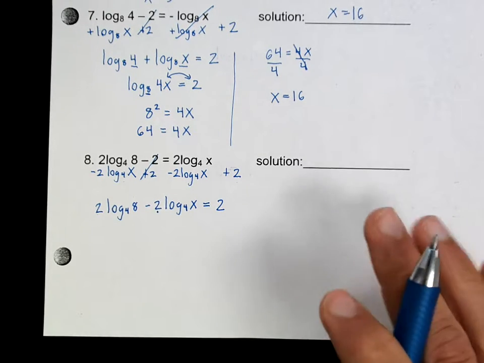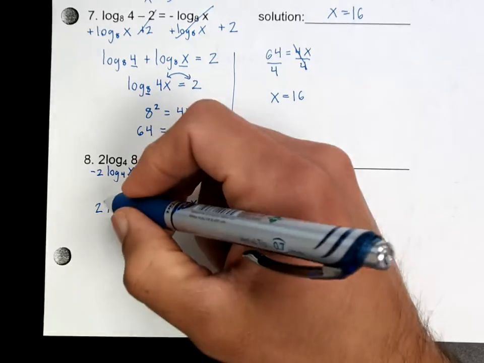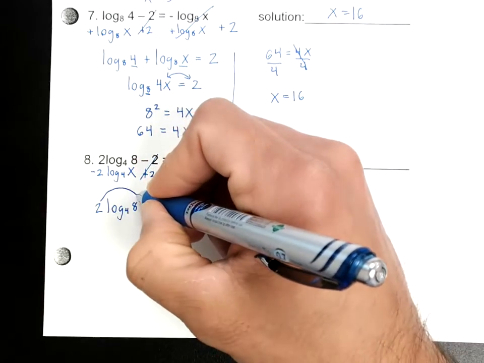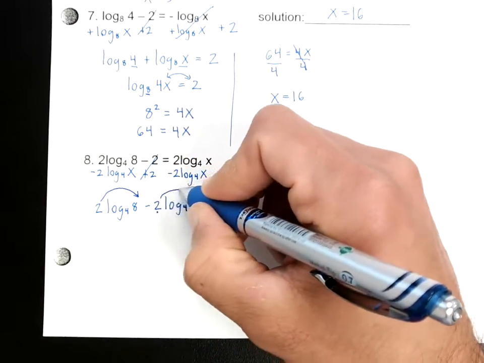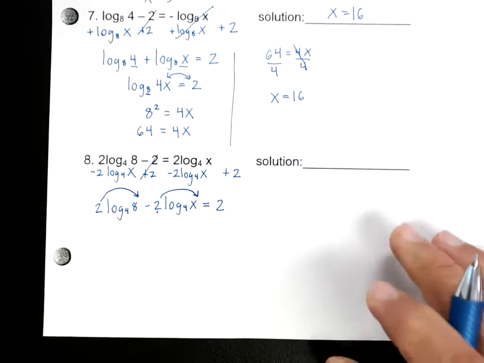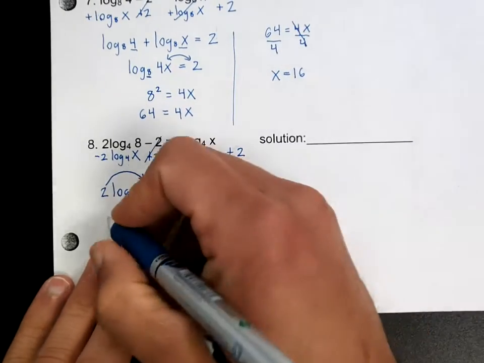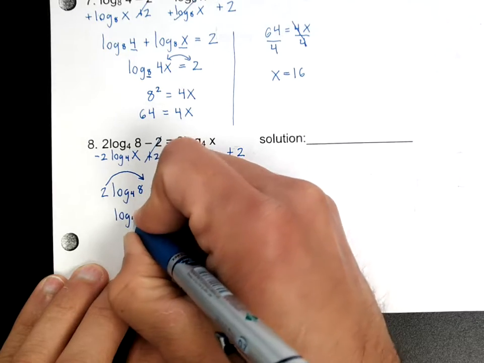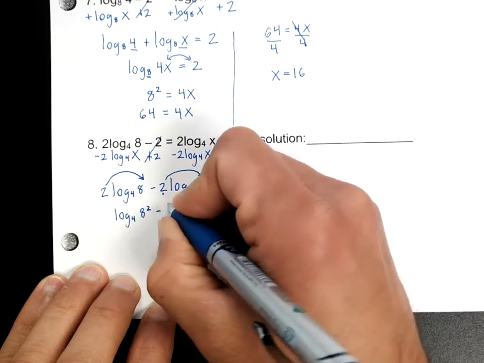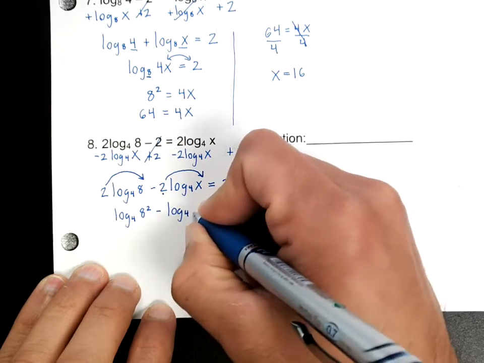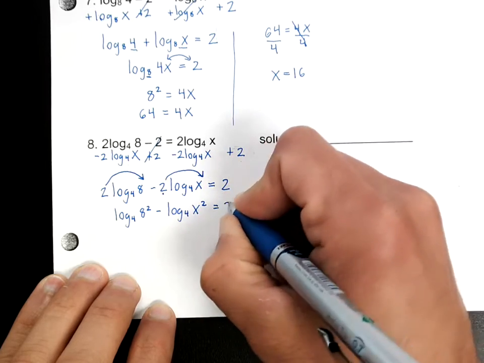And I'm going to bring them up as a power only to show you that it does work. So again, the laws of logarithms say that I can bring this up as a power. So this is going to be log base 4 of 8 squared minus log base 4 of x squared is equal to 2.